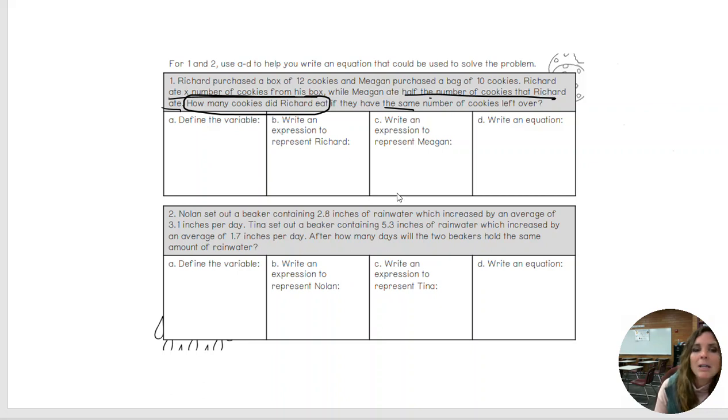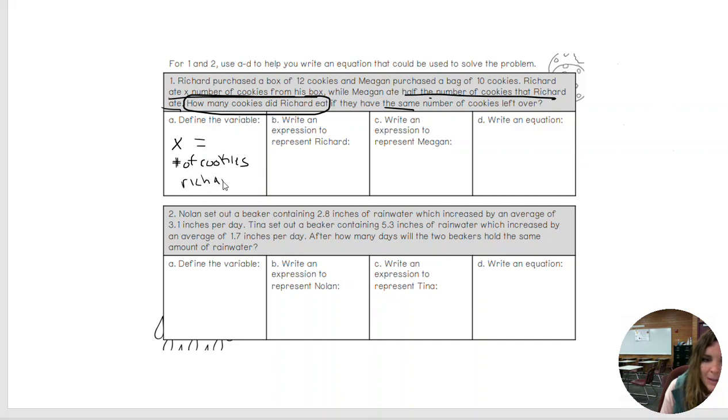Once we know what the question is that we're being asked, that is what our variable is going to be. So our variable is going to be how many cookies Richard ate. Let's go ahead and use X for our variable, and let's say that X is going to stand in for the number of cookies that Richard ate.